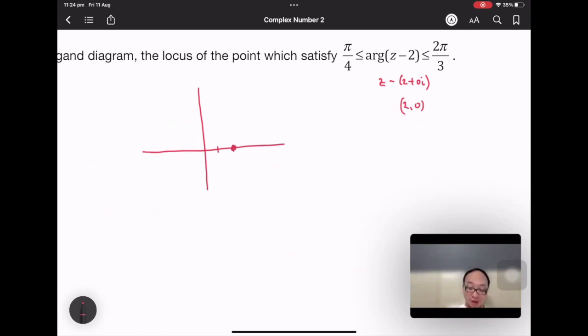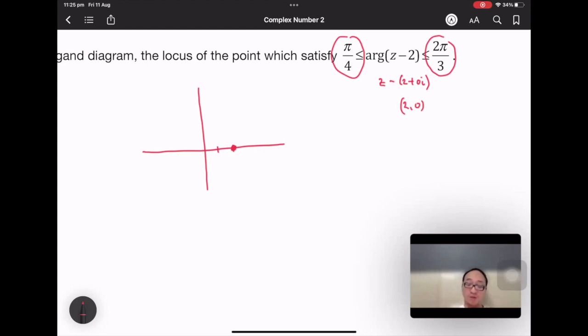So this is the coordinate. Start from this. And then we have to draw two half lines. So it is 2 pi over 3 and pi over 4.